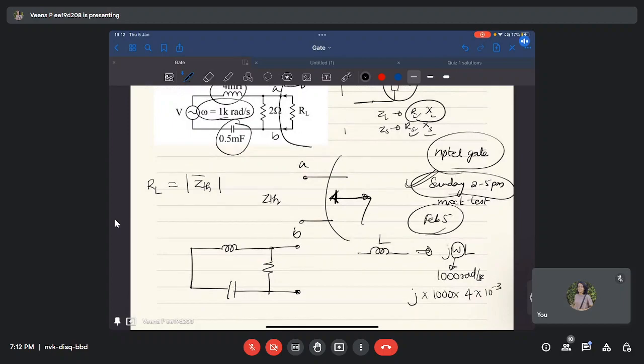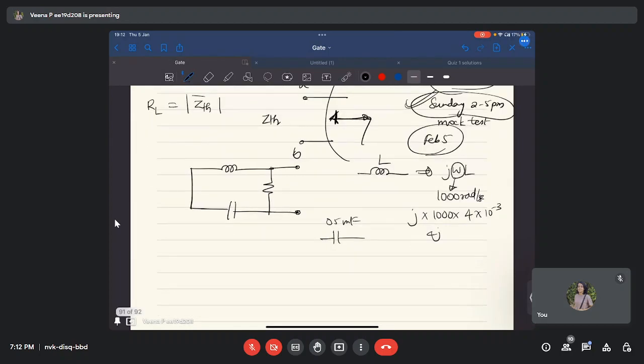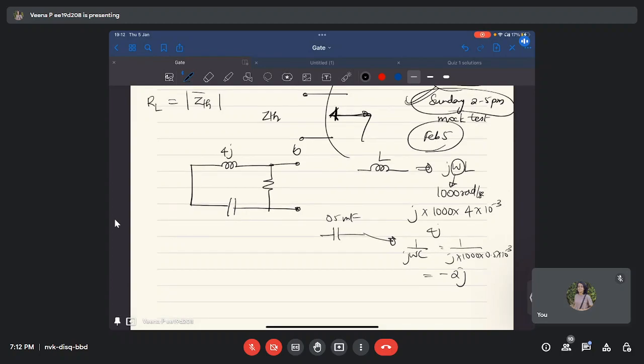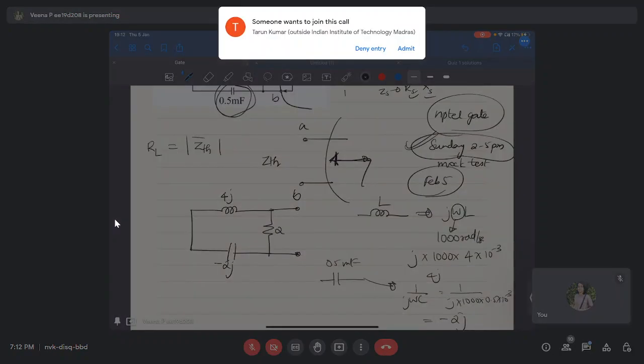Milli means 10 raised to minus 3, which gives 4j. Similarly, for the capacitor, the capacitance is 0.5 millifarad. The capacitive impedance is 1 by j omega C. So this is 1 by j times 1000 times 0.5 millifarad, which is minus 2j.